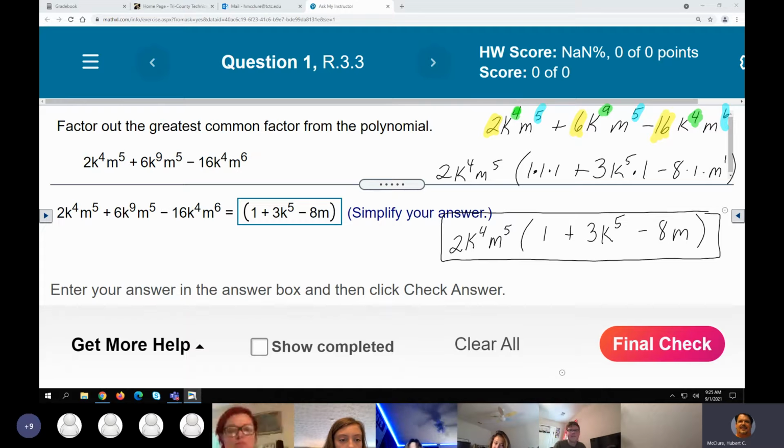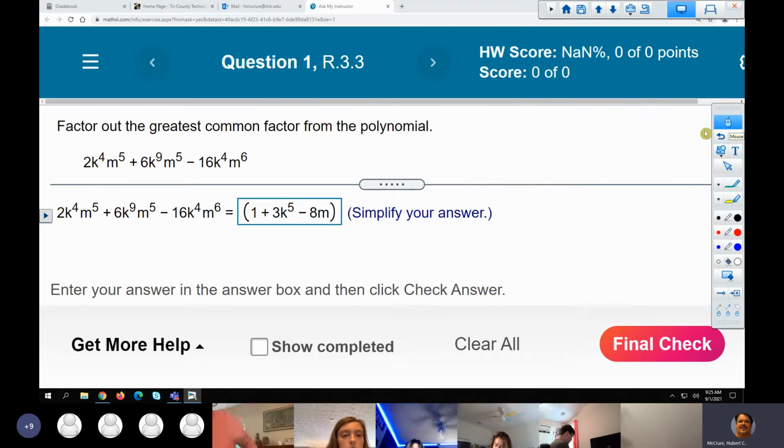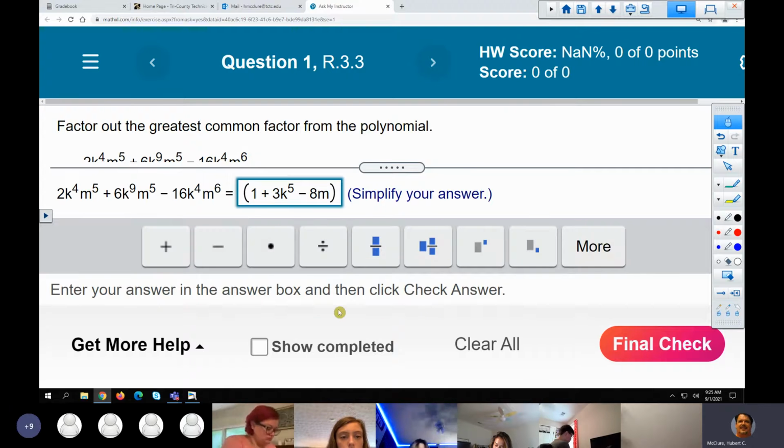So I would do 3k to the 5th minus 8m plus 1, and it looks like that's what you did, except you didn't type in what you factored out. And if you're factoring, you always have to complete that. So that's the only thing you did wrong, whoever sent this.